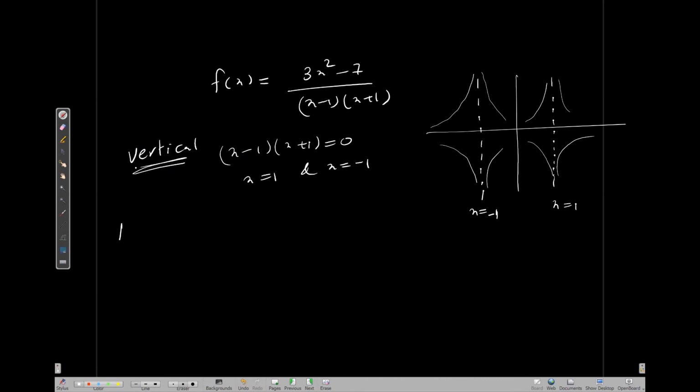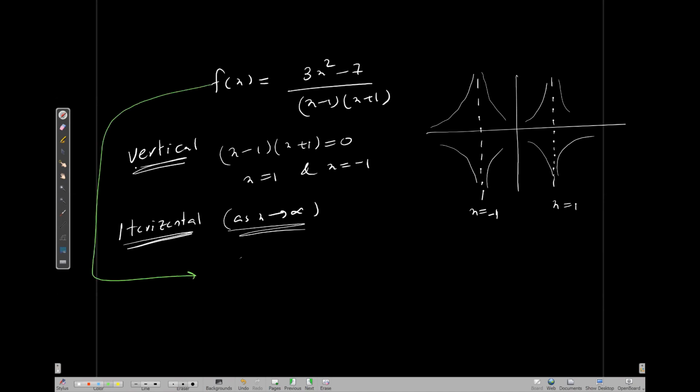Now to check the horizontal asymptote, you can use a graphing utility and check this. What you need to do is, as x goes to infinity, investigate this case. Now let's use my trick. You take f of x, 3x squared minus 7, and leave some space because I'm going to divide this by the highest term, in this case x squared.